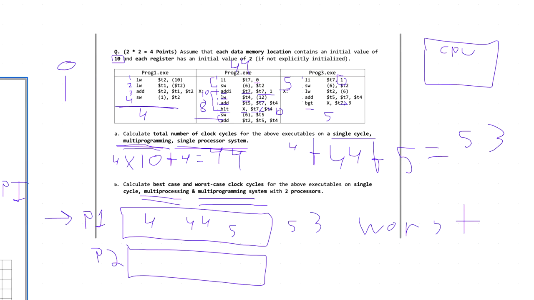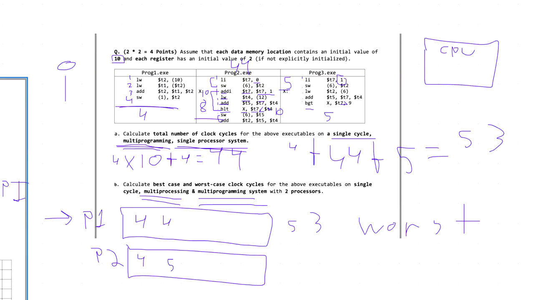What I can also do, though, is layer it a little bit. If I said 44 cycles, program 2 will be on P1. During those 44 cycles, I can do program 1 and program 3. Program 1 is only 4, and program 3 is only 5.